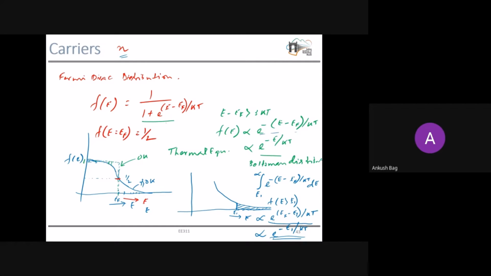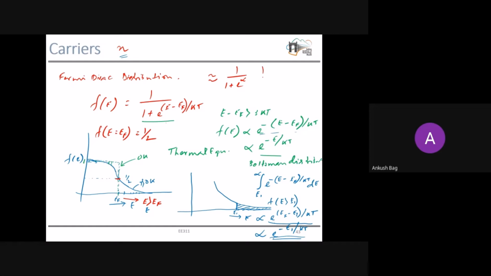Here E minus EF is a positive quantity, so the exponential term has a positive exponent. At 0 Kelvin this is e to the power positive infinity. So if we write 1 upon 1 plus e to the power positive infinity, this will be infinite, and overall you will have 0.